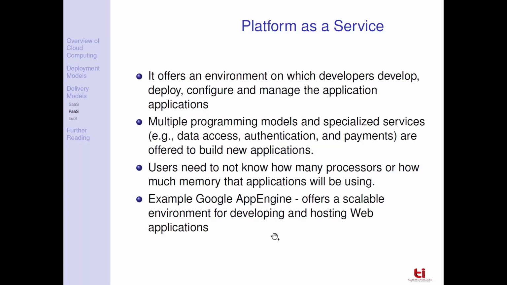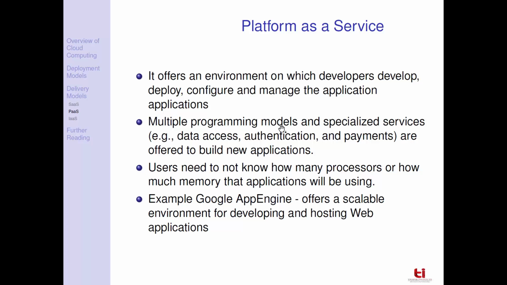Next, let us look at what is platform as a service, PaaS. So PaaS offers an environment to the users on which they can develop, deploy, configure, and manage applications. It also offers multiple programming models and specialized services to build new applications.